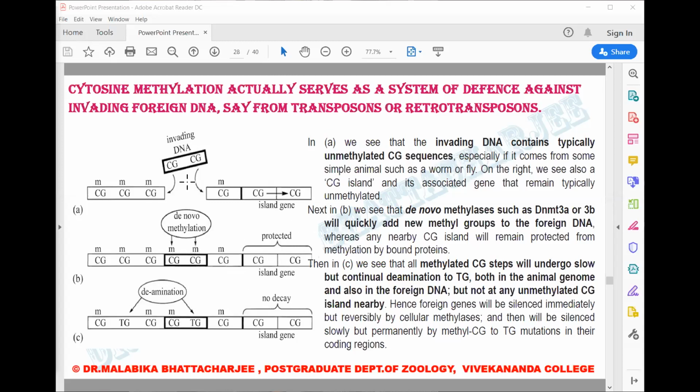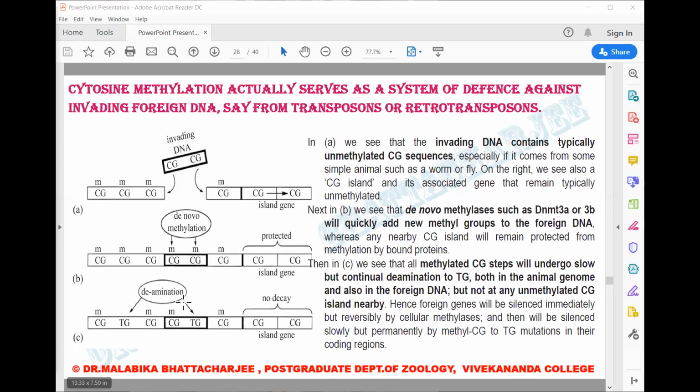Now, when the invading DNA is inserted in the genome, the de novo methylase enzyme methylates the Cs. As a result of this methylation, these are now methyl cytosines, which in the course of time will get converted to T by the spontaneous mechanism of deamination.